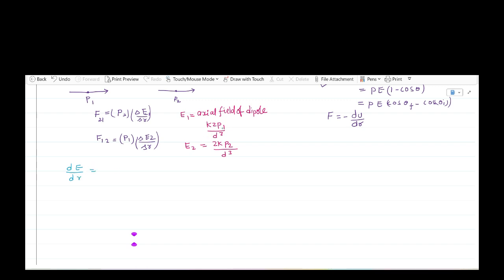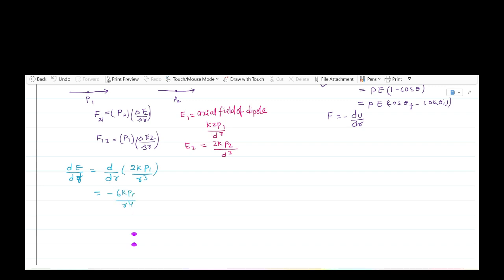I know E is equal to 2K P1 by d cube or 2K P2 by d cube, whatever you take. Here d cube means r cube, so dE by dr is what you have. That is d by dr of 2K into P1 by r cube. Differentiating r power minus 3, that equals minus 6K P1 by r power 4.